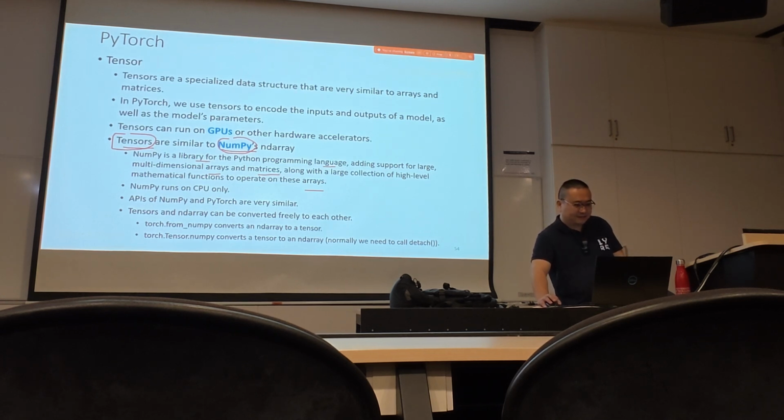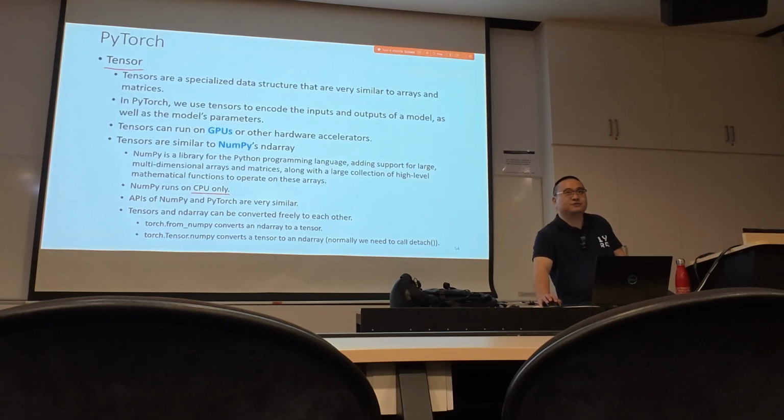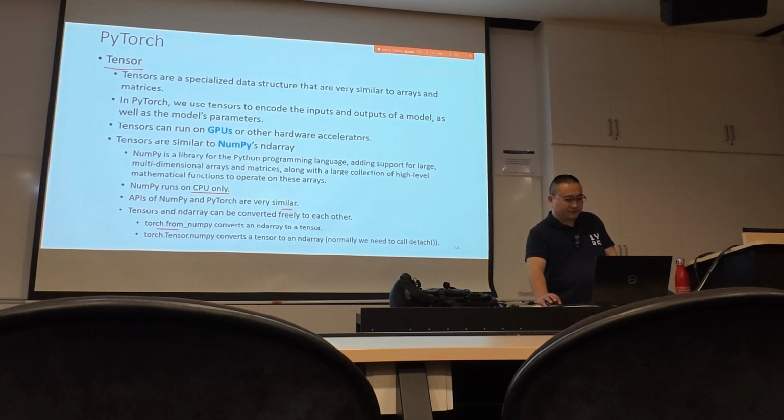But the difference is that the NumPy data structure only runs on CPU. So here you can see why we need to use tensors: we want to use GPU to accelerate the training of deep learning models. The APIs are very similar, and even in your Python code, you can convert between them. For example, you can call torch.from_numpy.